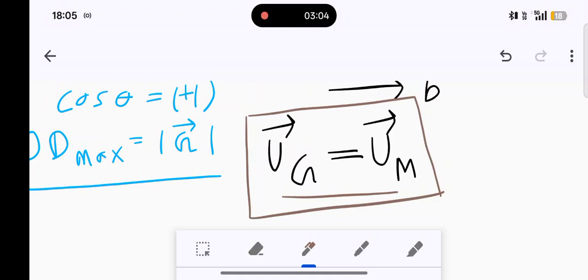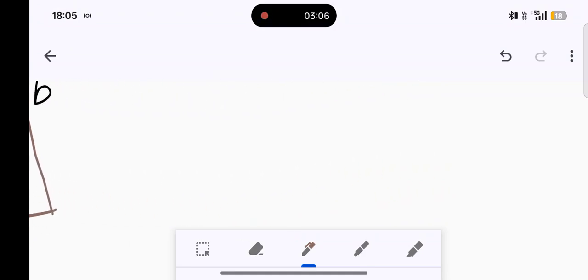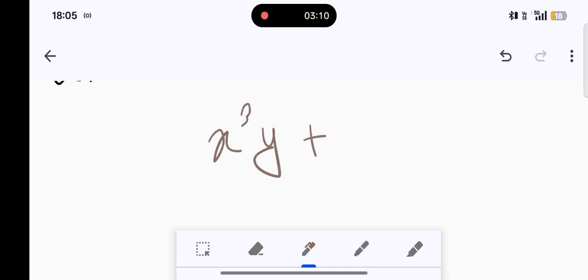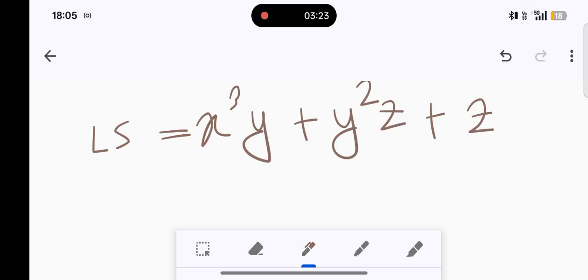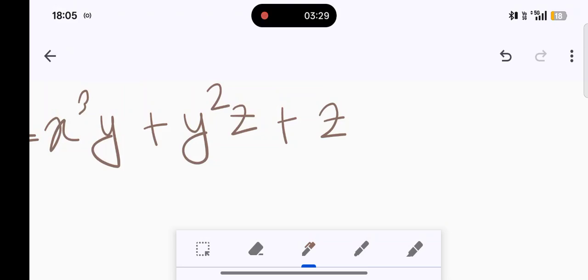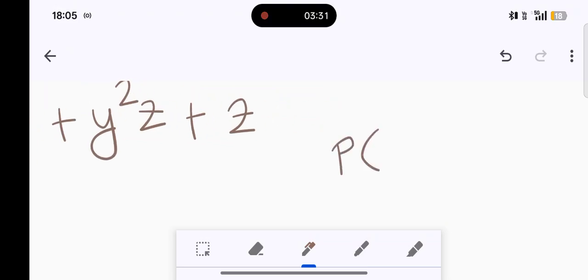Now let's take an example. Let's say this is x cube y plus y square z plus z, and this is the level surface. Now we have to find the gradient and the directional derivative at a point, let's say P, and P is (1, 1, 1).